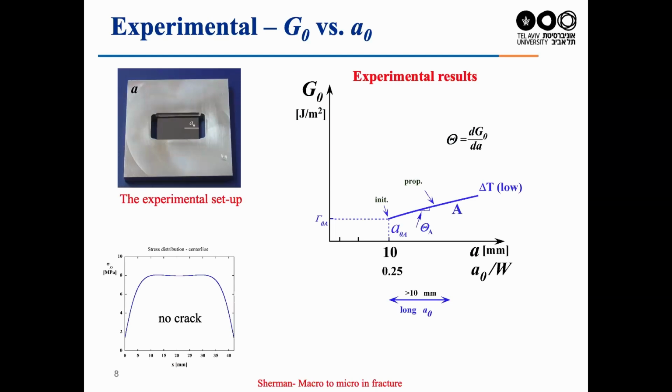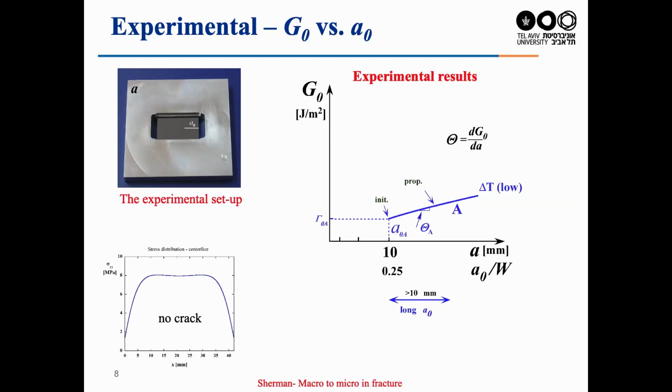Here we have G naught, the strain energy release rate, joule per meter squared. This is load control. G naught is a function of A for various A naught, which is the pre-crack length. If we have a long pre-crack, 10 millimeter and above, which is about a quarter of the width of the specimen, we will have very small theta. Small theta means that for a certain delta A, you have very small additional energy for any crack propagation.